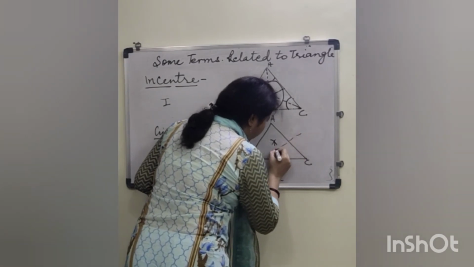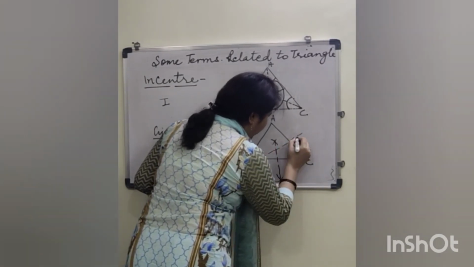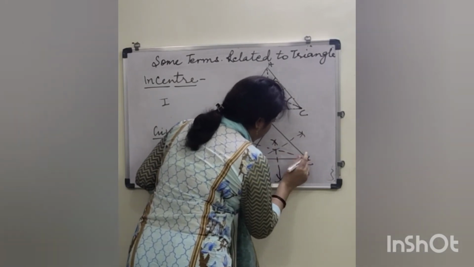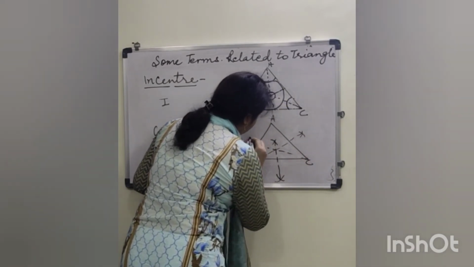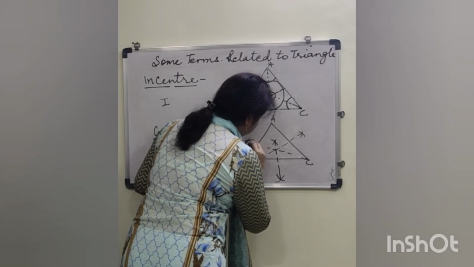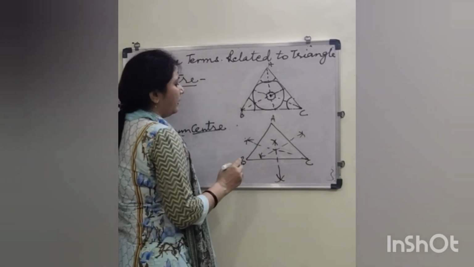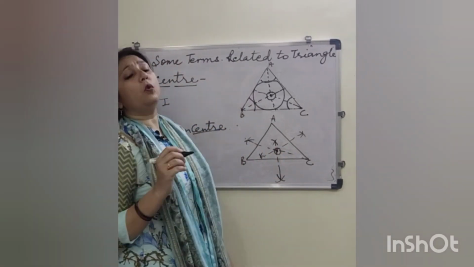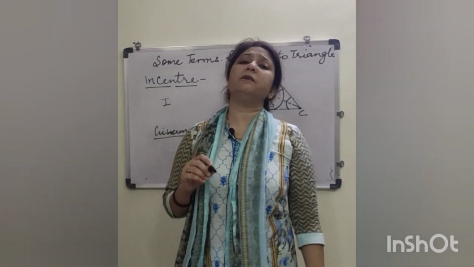If you draw like this by using a pair of compasses and scale, you will find that they also meet at the same point, that is known as circumcenter.